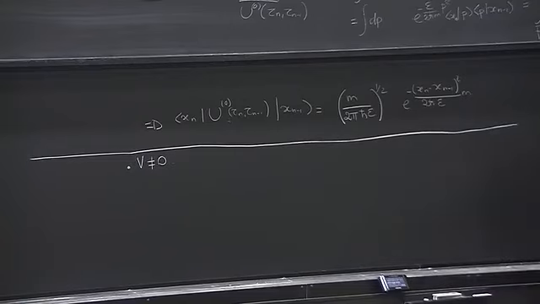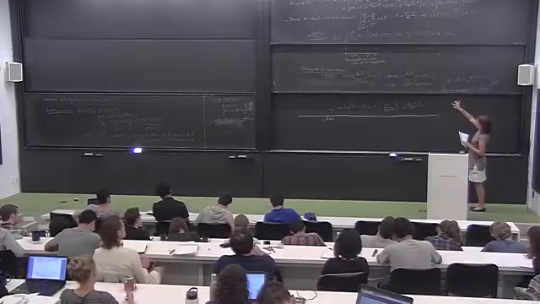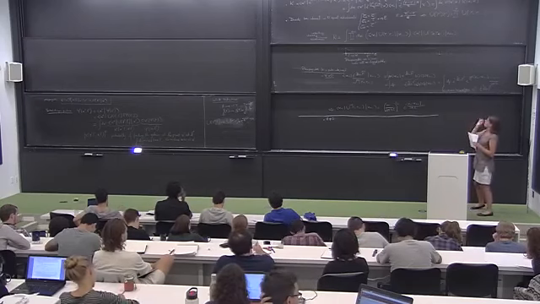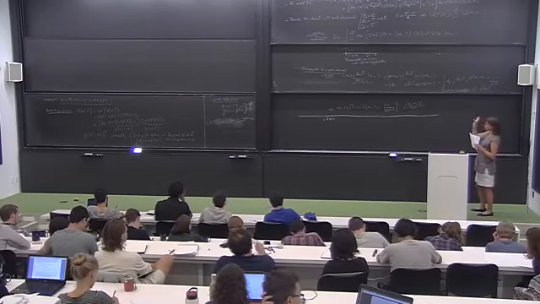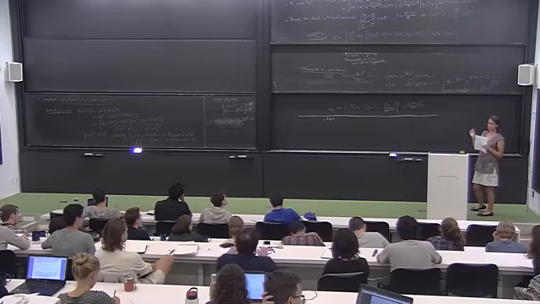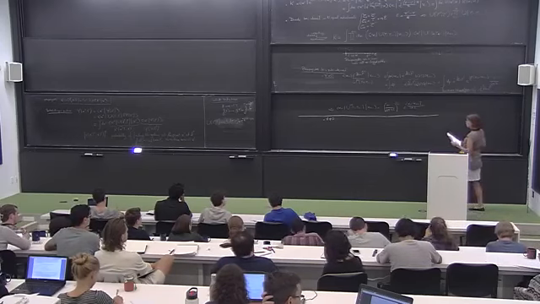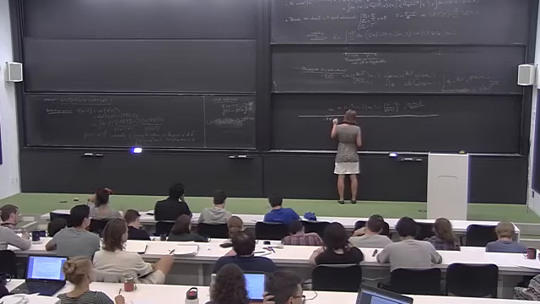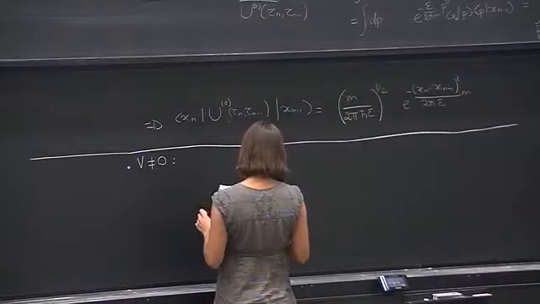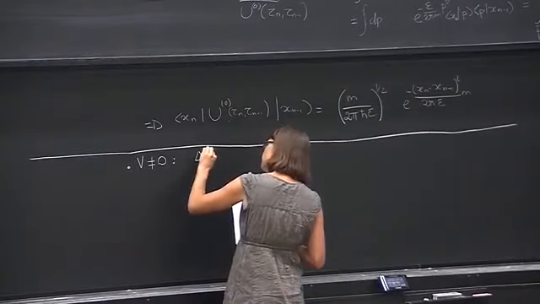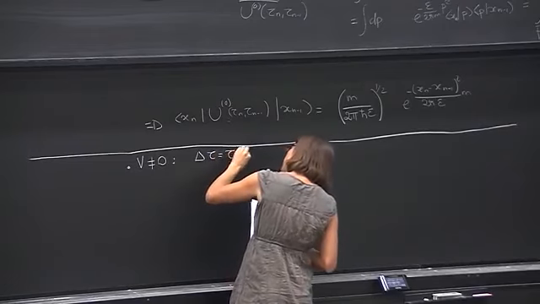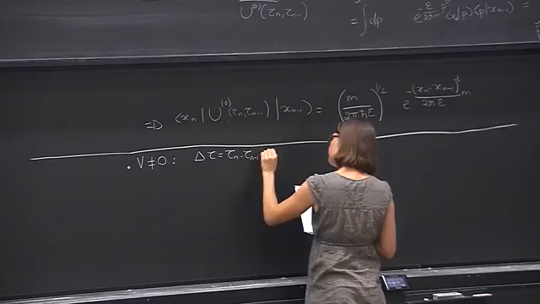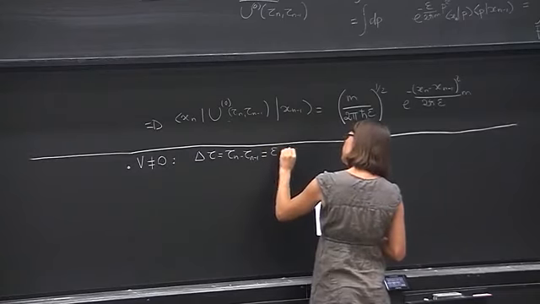So now for v different from 0, we're going to use the fact that we decompose this into a product of propagators on a very small time interval. And so we're going to use a kind of expansion using the fact that this is very small. So now we have that delta, so it's very small.